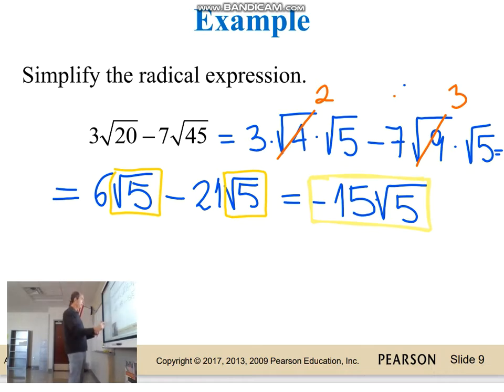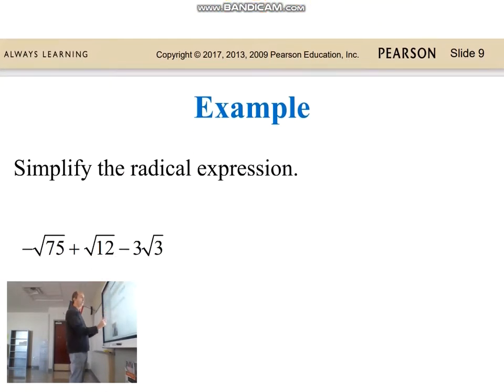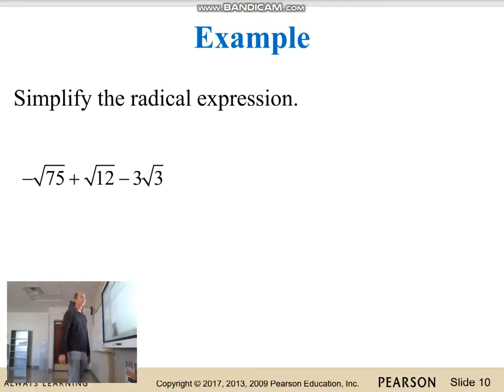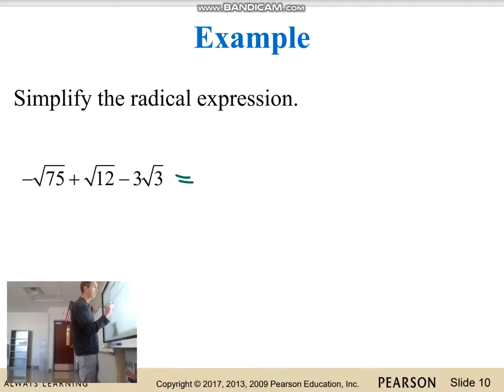Now let's try another example. Simplify this radical expression that we can see here: negative square root of 75 plus square root of 12 minus 3 square root of 3. And let me use this green color. We can write 75, we've seen before, right?